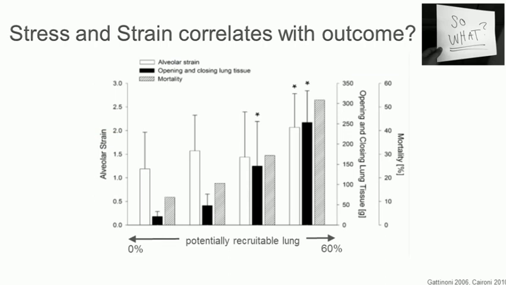One step further, but here we start to have some kind of question mark, is about whether stress and strain reflect the outcome, or give some information about the severity of our patient.